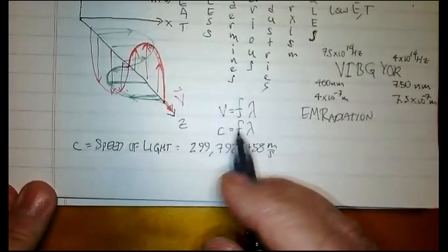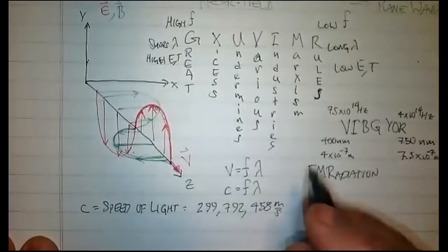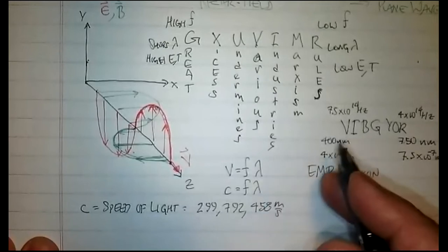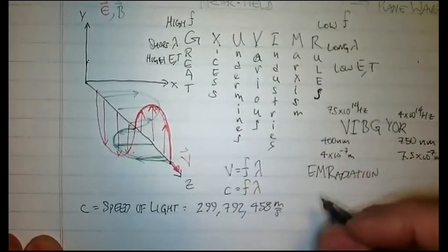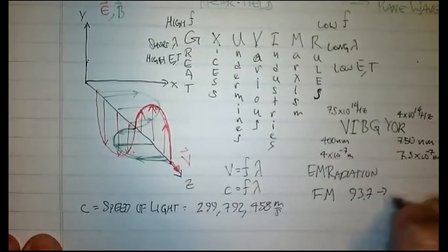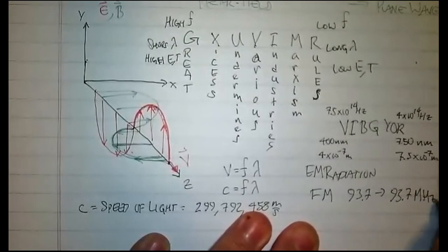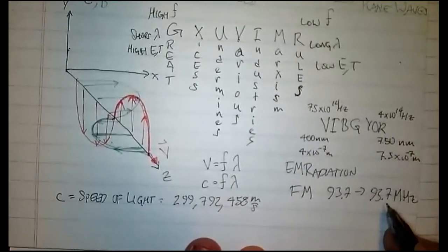So your book has some problems where it'll say, here's a radio station, FM 93.7, say. Well, what you have to realize is that FM 93.7 means 93.7 megahertz. So that's 93.7 times 10 to the 6.